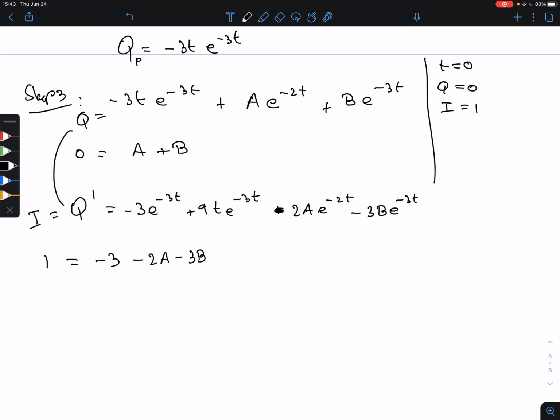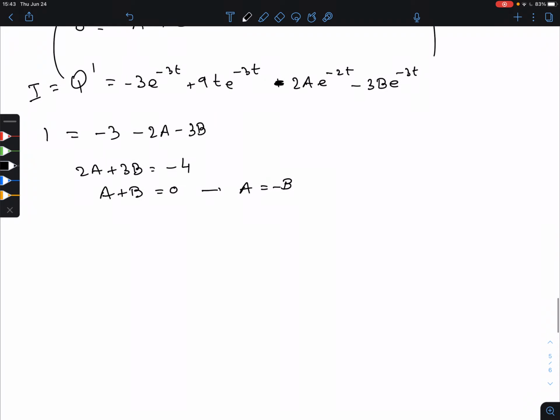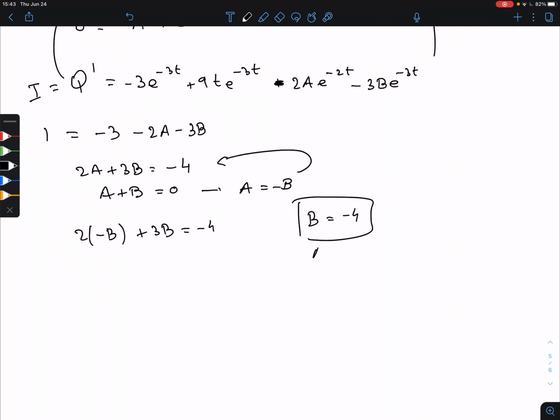So we see that, bringing this to the other side, 2a plus 3b is equal to negative 4, and a plus b is 0. So I'm going to do the substitution just to do something else. a is negative b, so I'll plug that in. I get 2 times negative b, plus 3 times b is negative 4, so that means that b is negative 4, and therefore a is 4.